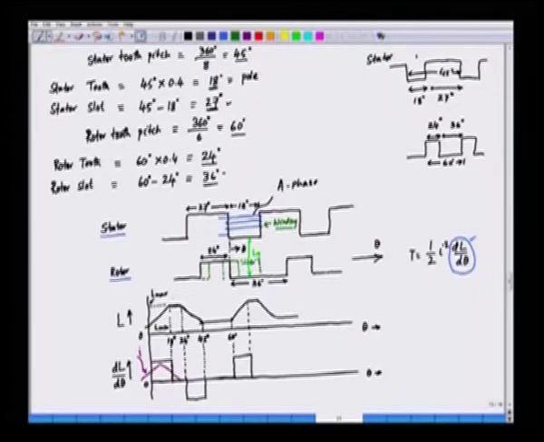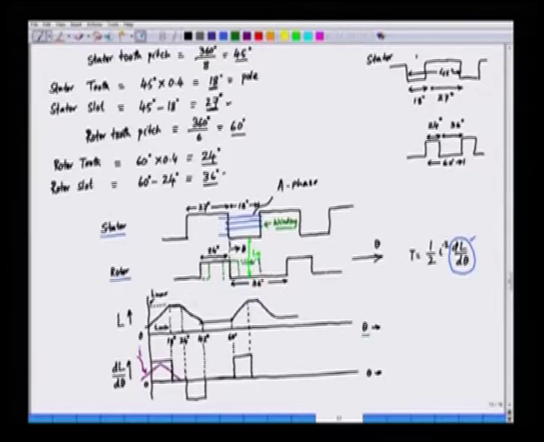So, the inductance of this winding of phase A is a function of the position, that is theta. After some time the rotor pole will be fully under the stator pole, and hence the inductance will remain constant. This is a constant inductance, that is L max. It started with L min, changes linearly, and then remains constant when the rotor pole comes fully under the stator pole. Thereafter, the rotor pole goes away from the stator pole and the inductance reduces.